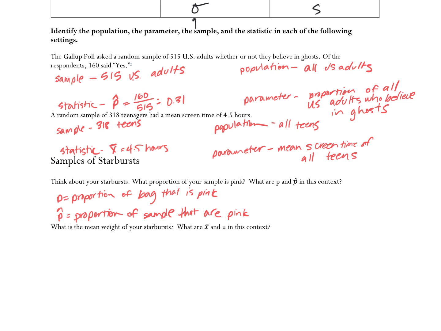So which one has a distribution, the p or the p hat? P hat, because it has variability. Okay? And if we did the mean weight of our sample instead, x bar would equal the mean of the sample, and mu would be the mean of the whole bag.